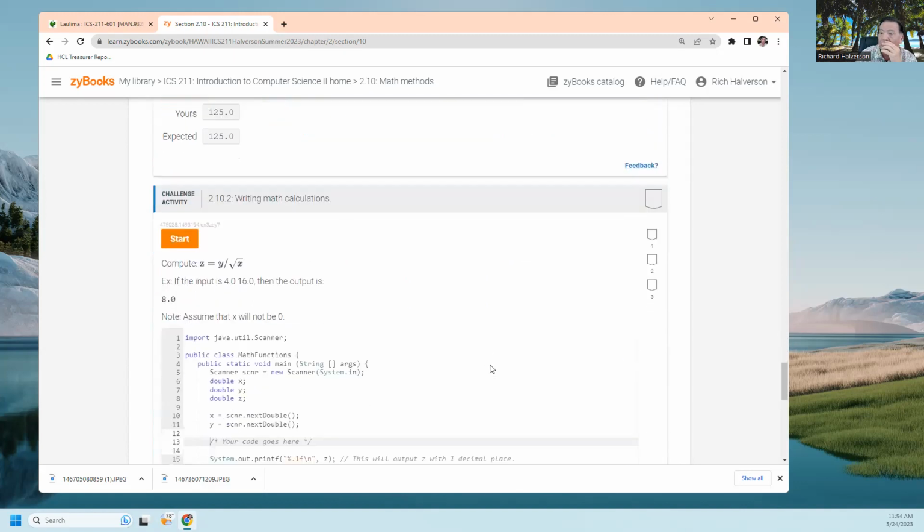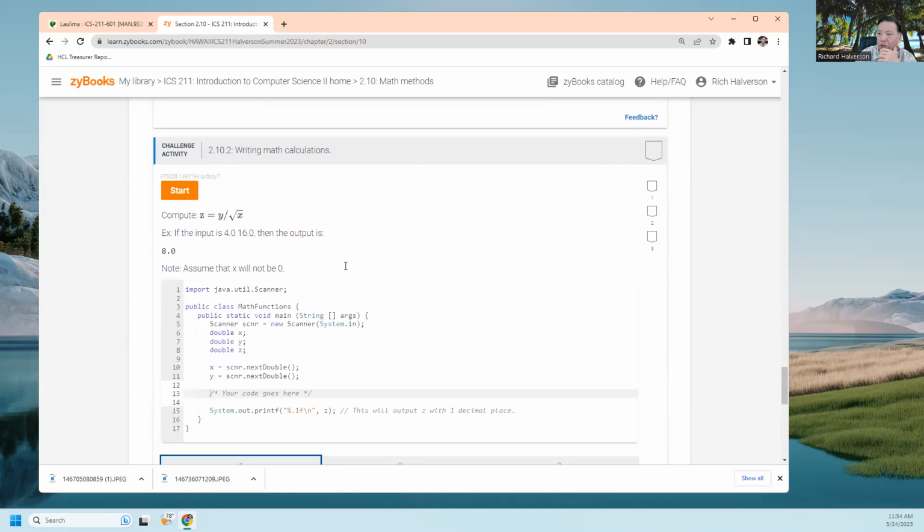All right. What's next? Writing math calculations. All right, write this. It looks like y over square root of x. We've got the y, so I just got to write z.